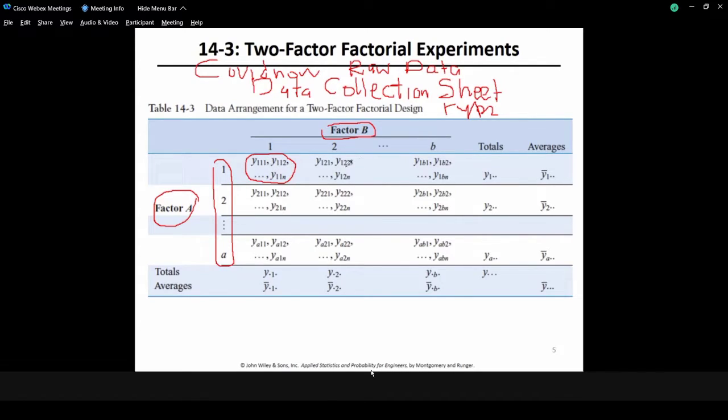Then, as usual, calculate the total, the sum: Y1.., that means row 1, row 2, up to row a, the sum of each row, and then calculate the averages. For factor B, similarly, you calculate Y.1., column 1, column 2, up to column b. This is your data collection.